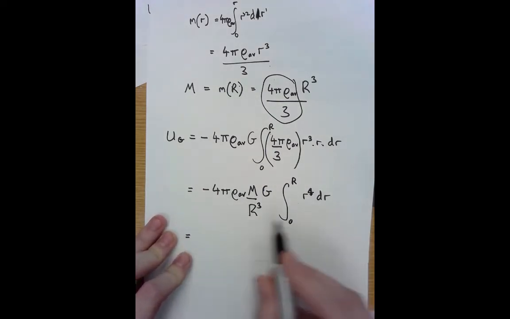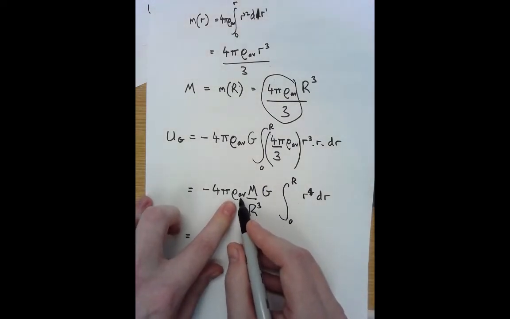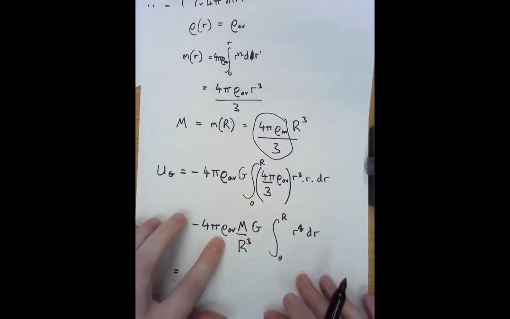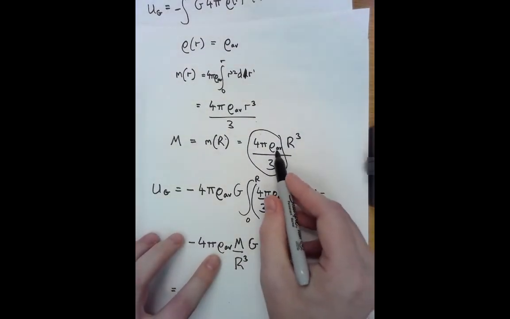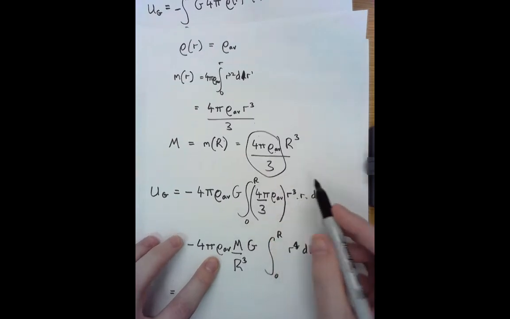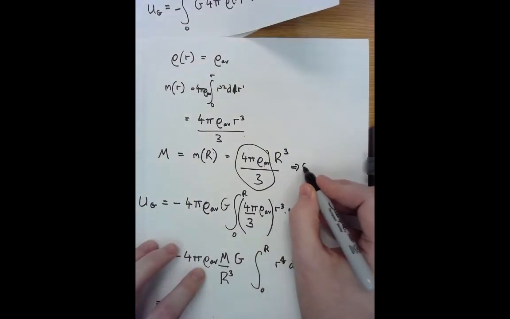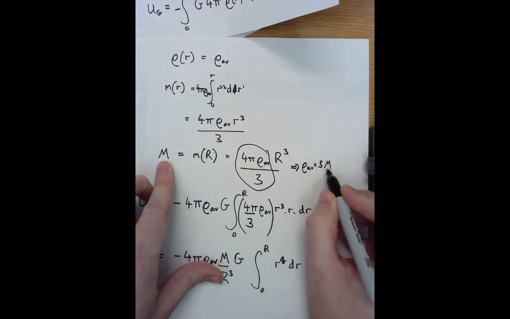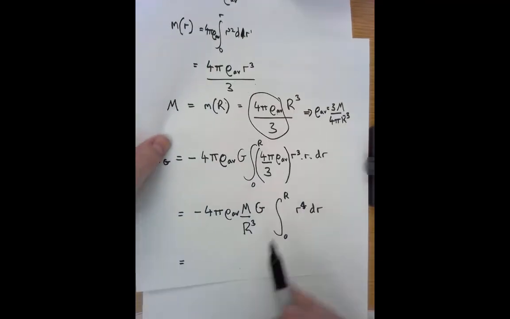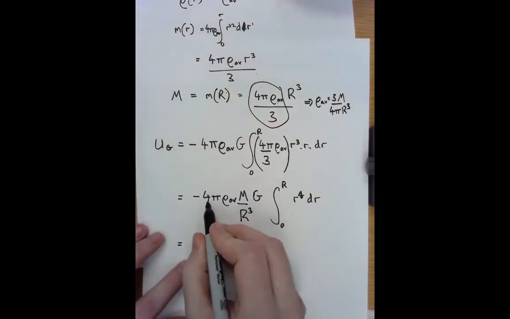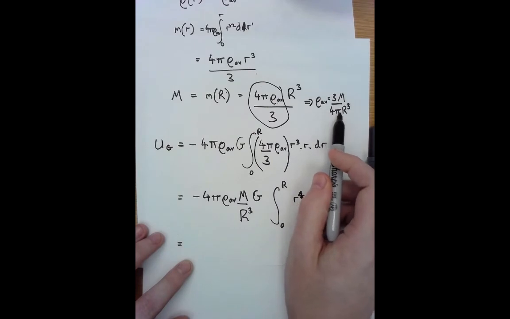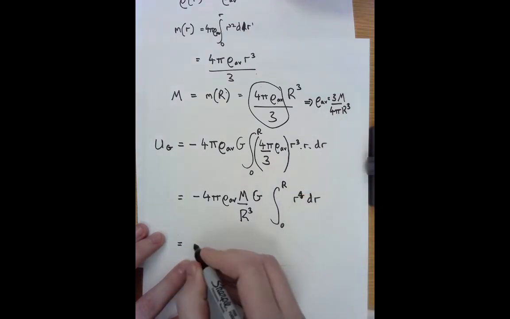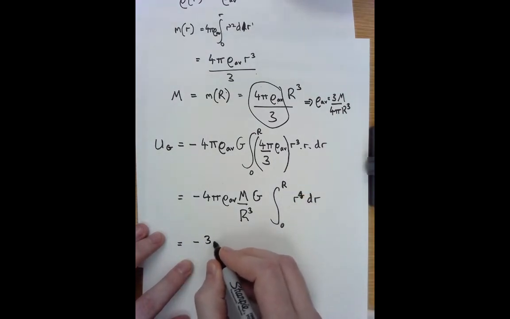We can simplify this even further by replacing rho average, using this formula here, rho average is just 3M divided by 4 pi R cubed. And if we substitute this in here, the 4 pi is going to cancel with the 4 pi on the bottom here, and we're going to end up with 3M.